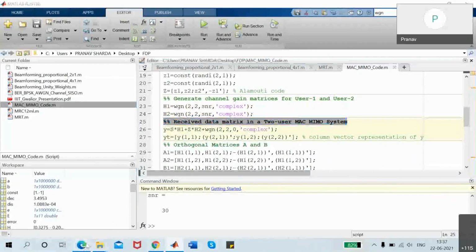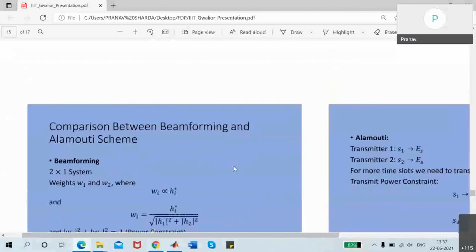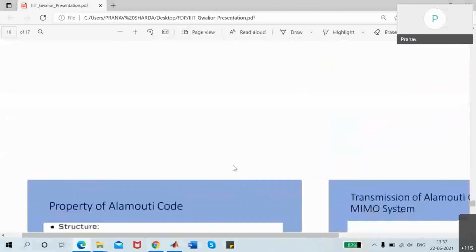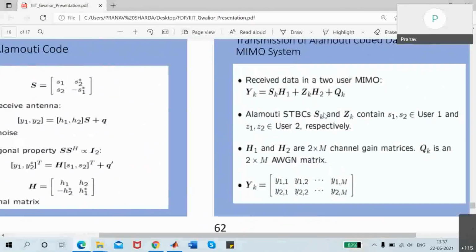Let me move to the presentation. This is the received data which Manav sir discussed in the previous session.